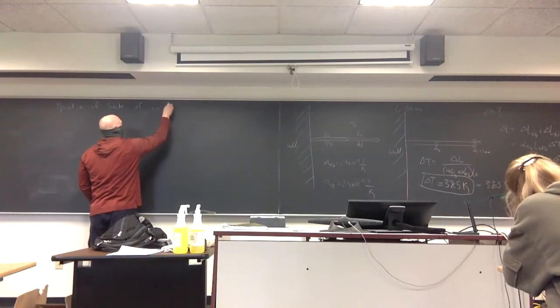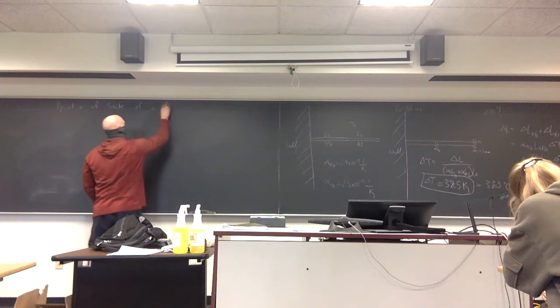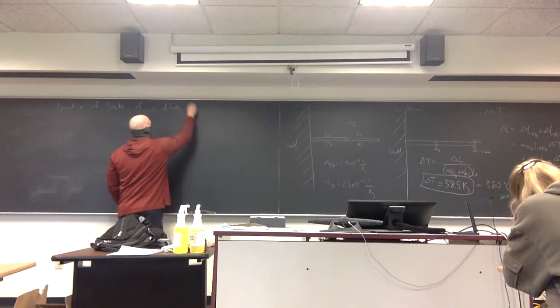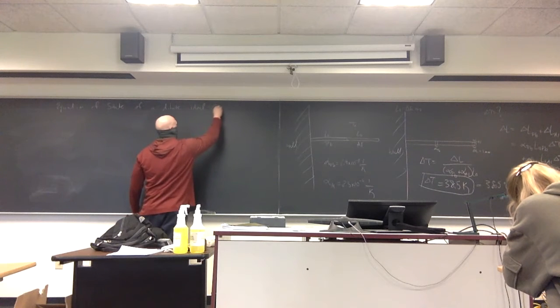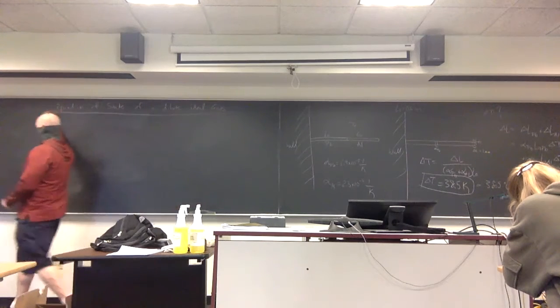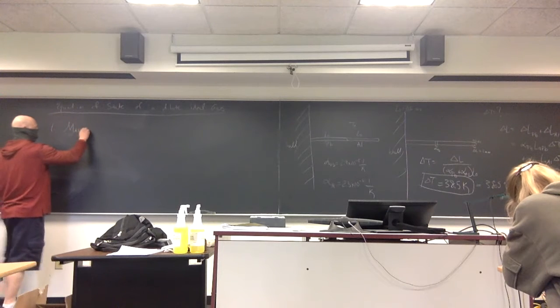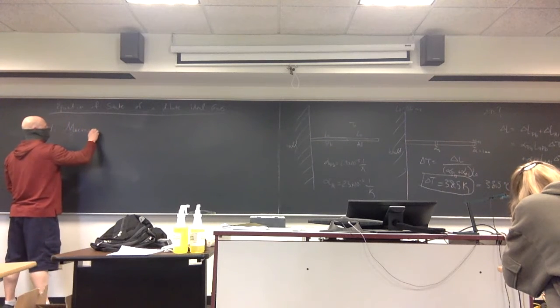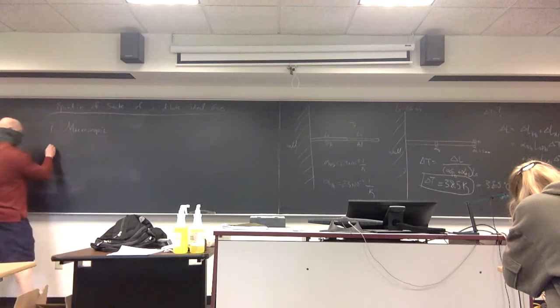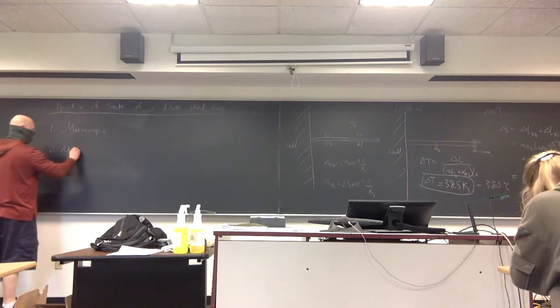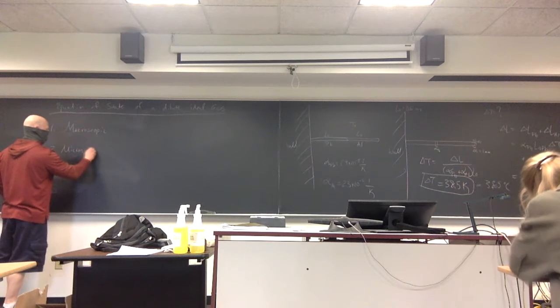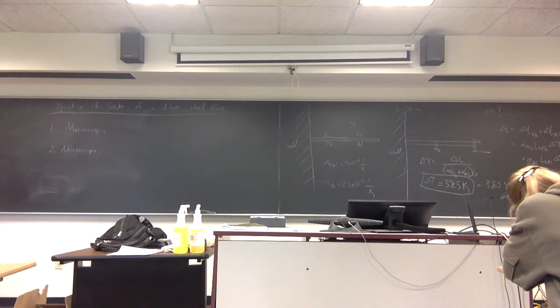So we want to look at the equation of state of an ideal and dilute ideal gas. Now we're going to do this two ways. The first way is the macroscopic version, and the second way is the microscopic. Macroscopic just means big quantity.